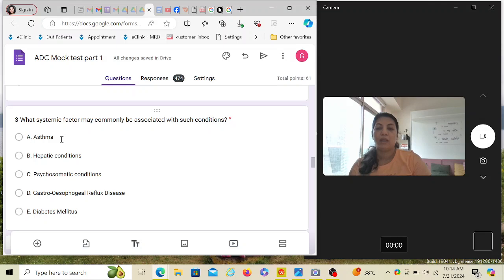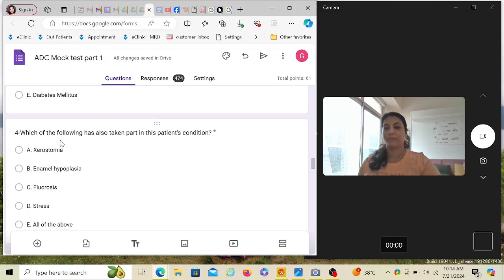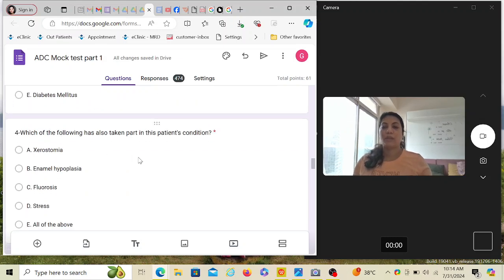Hepatic conditions, psychosomatic conditions, gastroesophageal reflux disease, yes, and diabetes mellitus. For the other conditions, it's usually the medicines that you prescribe that would cause it, but reflux is the actual direct cause of erosion.